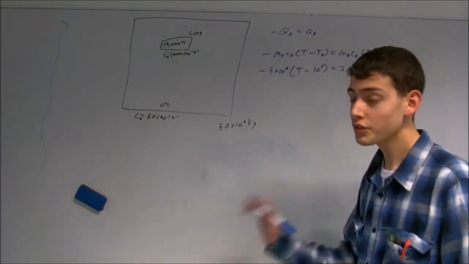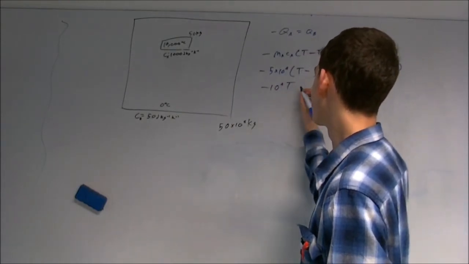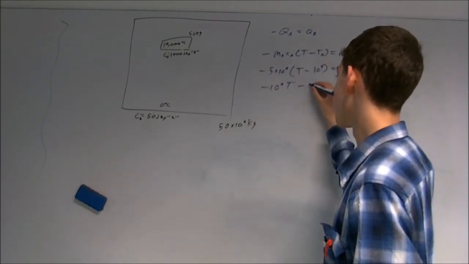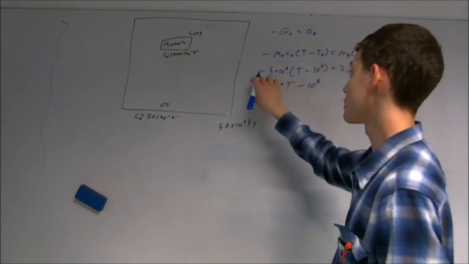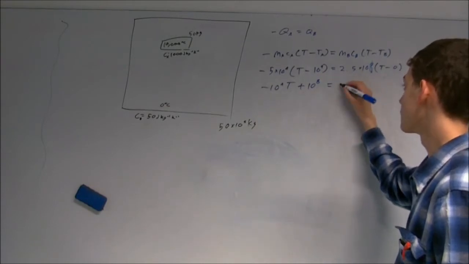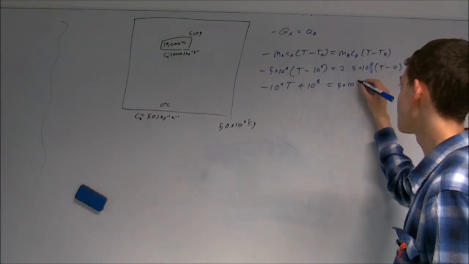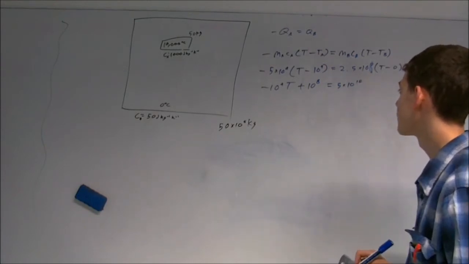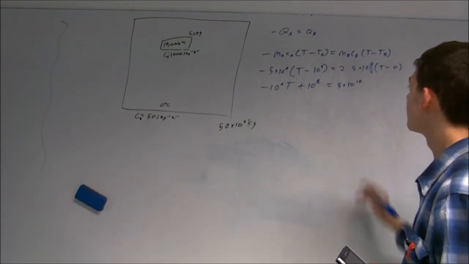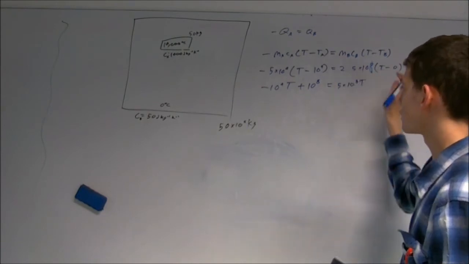In fact, we can simplify this further by dividing both sides by 5, so that's minus 10 to the 4 T. We're also going to expand this. Minus 10 to the 4 times 10 to the 4, 10 to the 8. But also because this is minus, it's going to make that a plus. Equals 5 times 10... that's 0 times that.